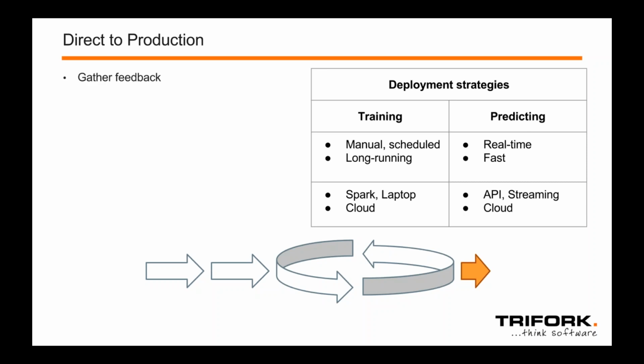So then we get to the last step, which is direct to production. Why do we want to do that? Well, we need to gather feedback. We've built the functionality. We are convinced that the users will like it, but we need to know whether the users will get that functionality at the right time and whether they're able to improve on what they did before.